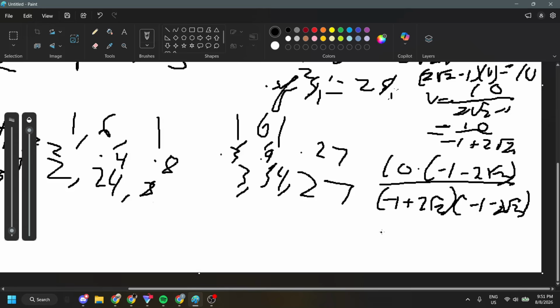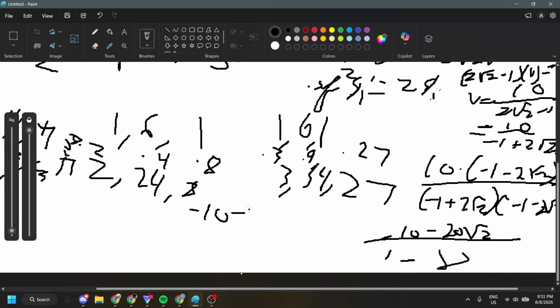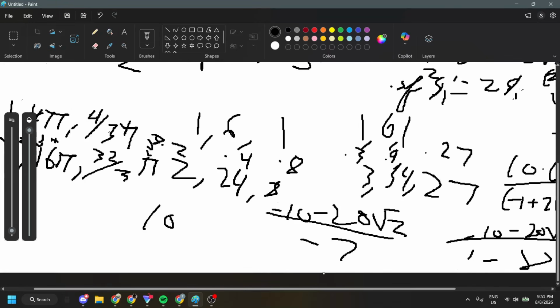So this is just going to be negative 10 minus 20 root 2 over 1, and then it's just going to be minus this squared, which is going to be 4 times 2 is 8. So negative 10 minus 20 root 2 over negative 7. So getting rid of the negative, we have 10 plus 20 root 2 over 7.